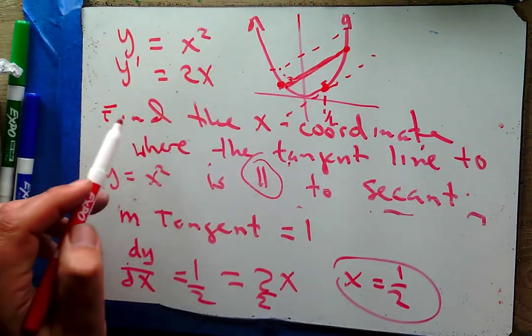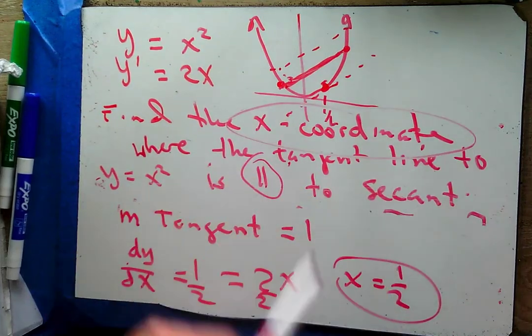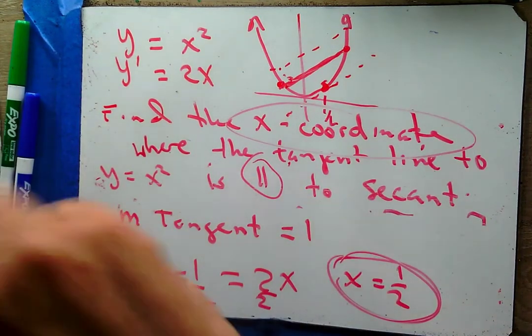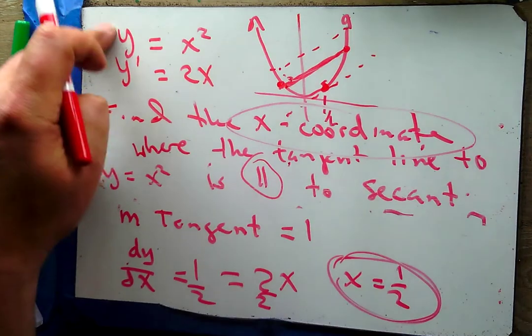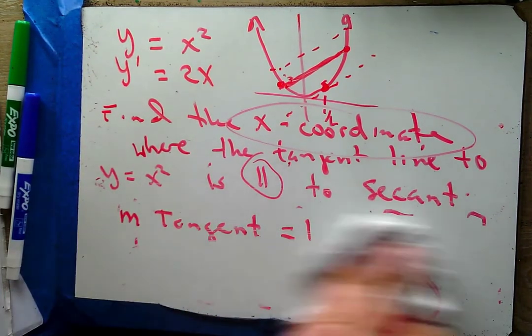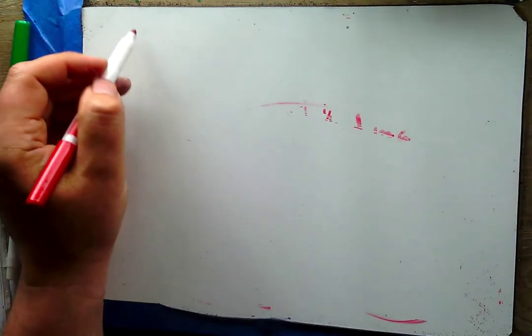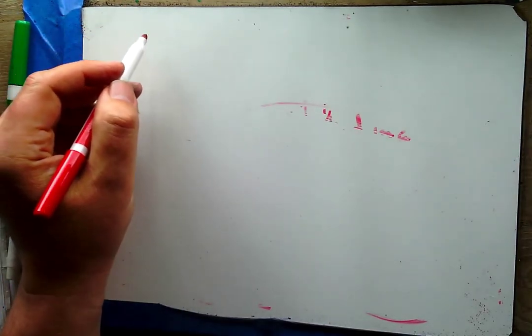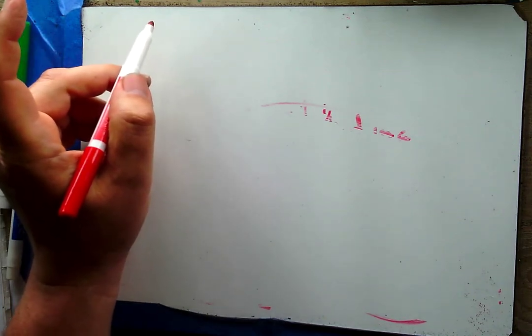But I'm supposed to just find the x-coordinate. There's the x-coordinate, all done. Okay, so I had to find the derivative and set the derivative equal to the slope of the secant line. How about this one? Well, those are good questions. They're very good test questions or AP questions. So think about them.